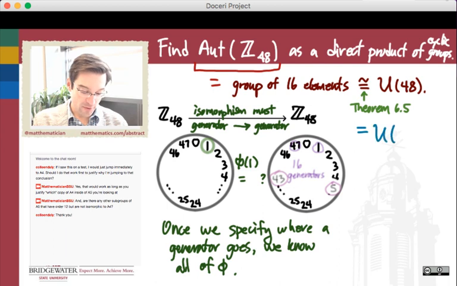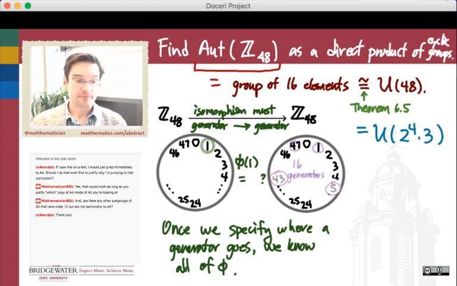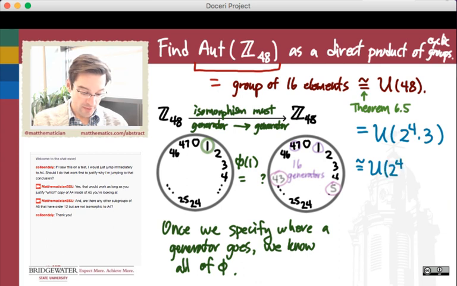We factored 48 into the prime powers, 2 to the 4th times 3. And then we use the fact that, for the same reason that the Euler phi function is multiplicative across relatively prime products, so too is this U group multiplicative across relatively prime direct products.